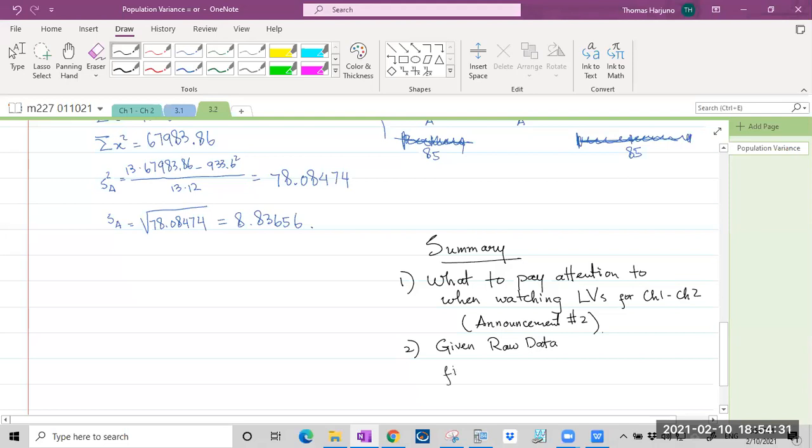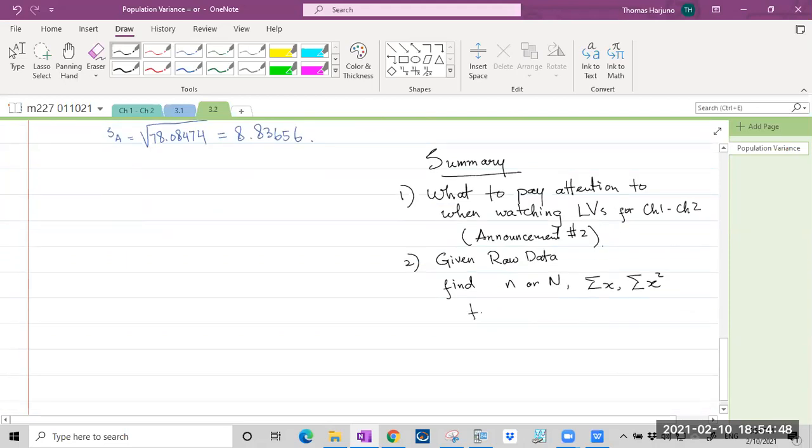Find n, depending on whether you get population or sample, the sum of x, and the sum of x squared, to further find the sample mean or population mean, sample variance or population variance, and sample standard deviation or population standard deviation.